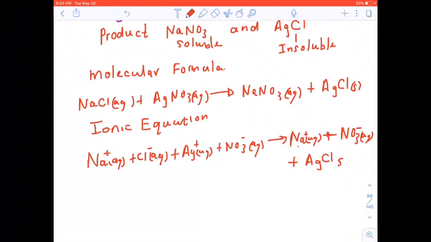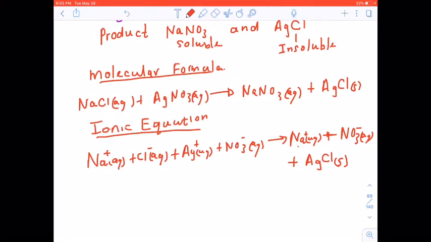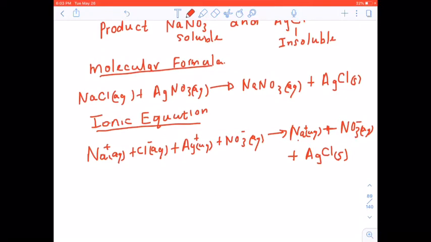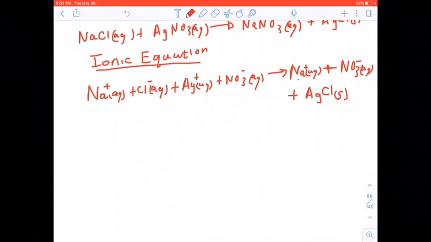That would be our ionic equation, and that's our molecular equation for this. And there you have that one.